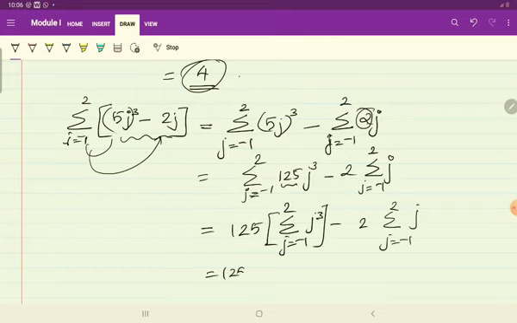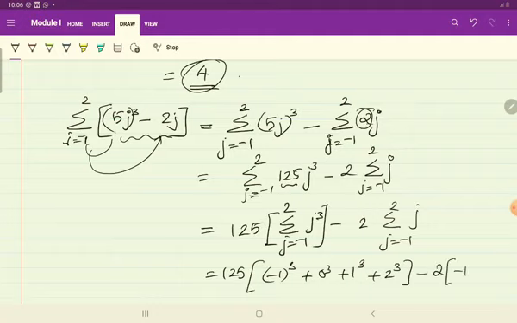So 125 into minus 1 cube plus 0 cube plus 1 cube plus 2 cube, minus 2 into minus 1 plus 0 plus 1 plus 2.